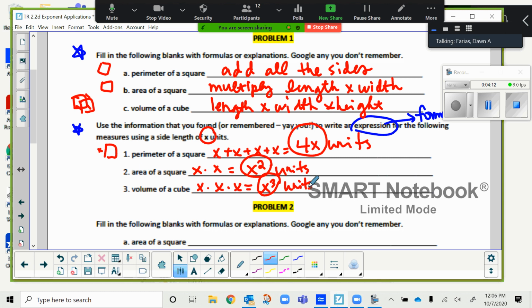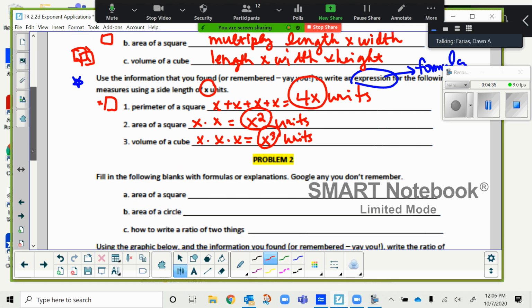So in that first formula, we added x's. In numbers 2 and 3, when we multiplied, we added the exponents, right? x times x is x squared. So, we're going to put all this together here in just a bit.